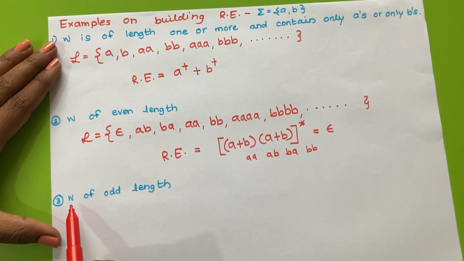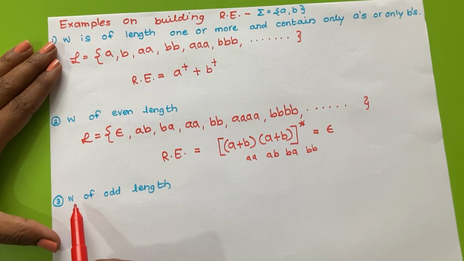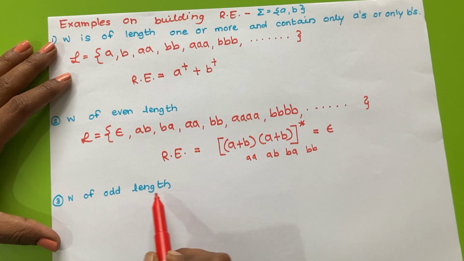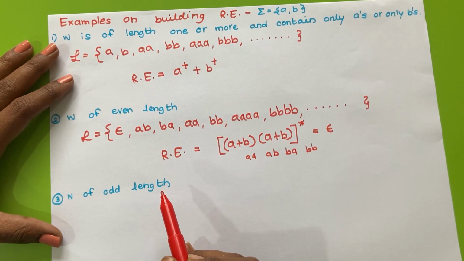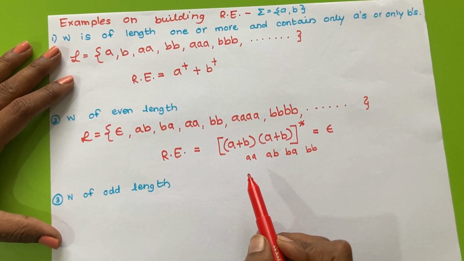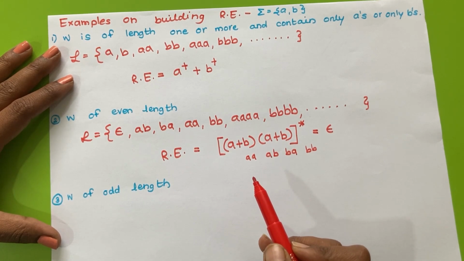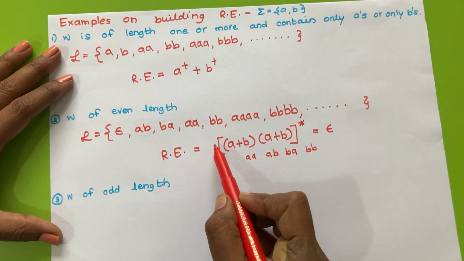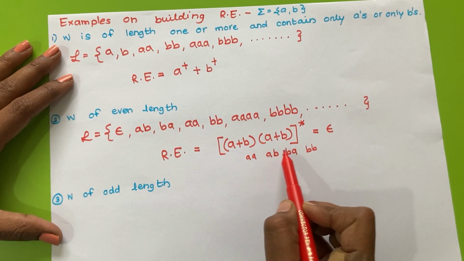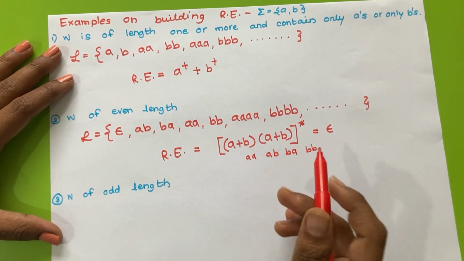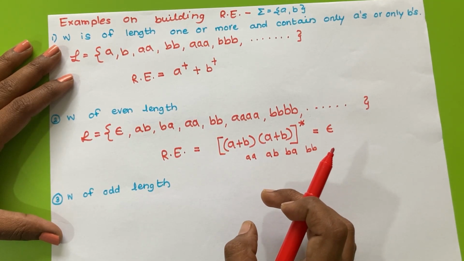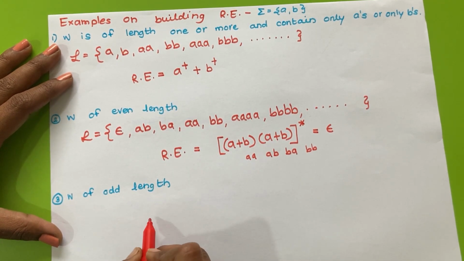Now the next problem is we have to build a regular expression which will generate the strings of odd length. We already know that if we add 1 to any even number, then we will get an odd number. So we have the regular expression for even length. If we add one more bracket of A plus B to this formula, then we will get the formula for odd length.